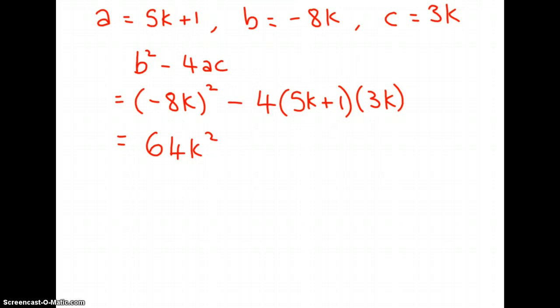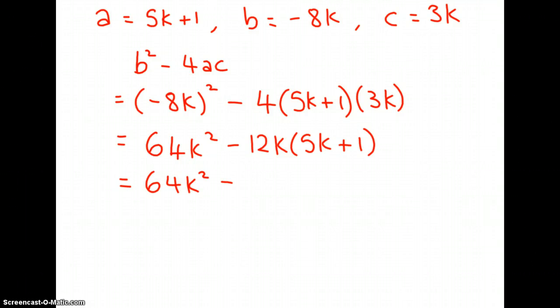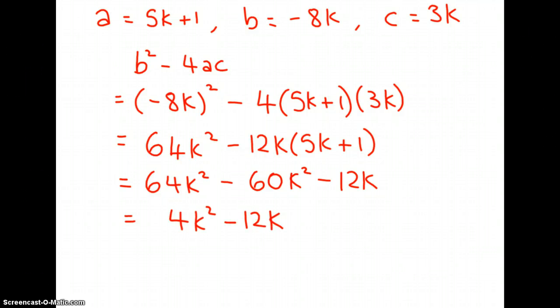This side is going to multiply out by giving me minus 4 times minus 12k times that bracket. So I'm getting 64k squared minus 4 times 15k squared minus 12k. And I can simplify that to 4k squared minus 12k.